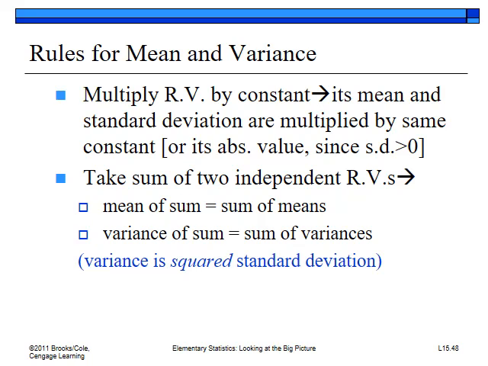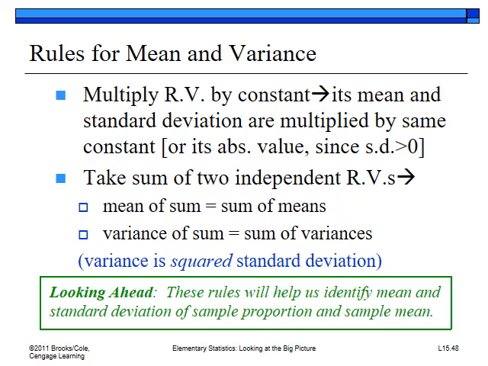So if you want to find the standard deviation of your new random variable, you'll need to square the standard deviations first to get the variances, then do the sum, and then take the square root. We'll use these later on when we're talking about mean and standard deviation of sample proportions and sample means.